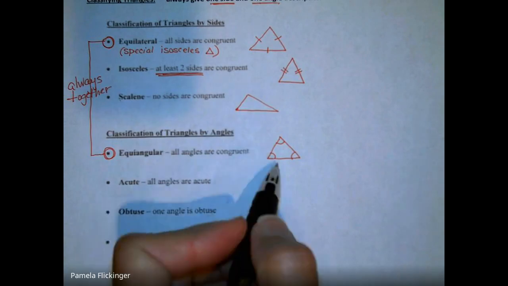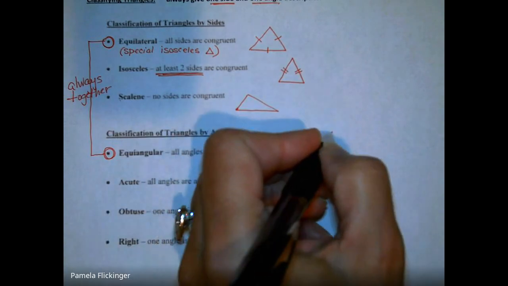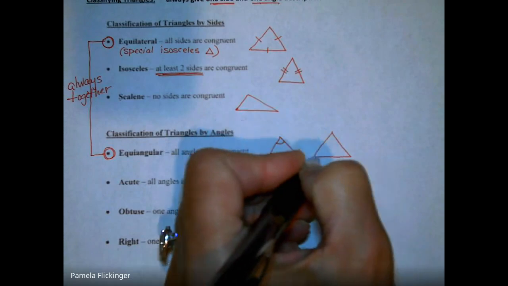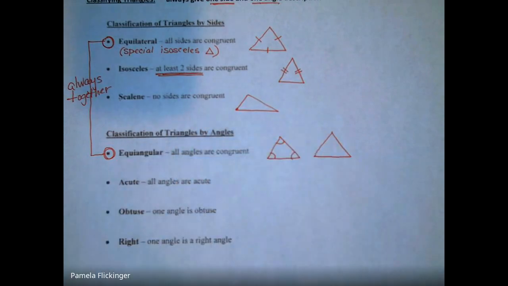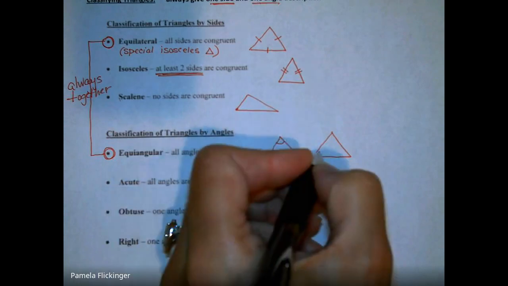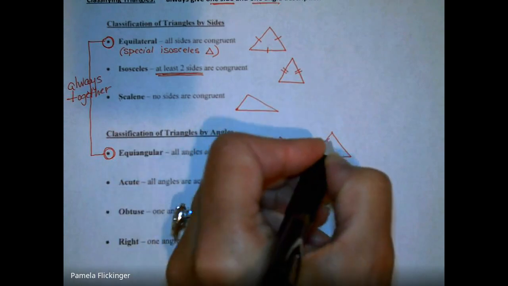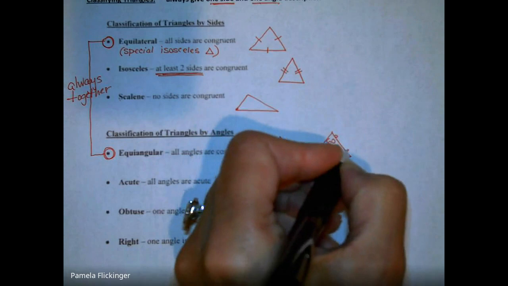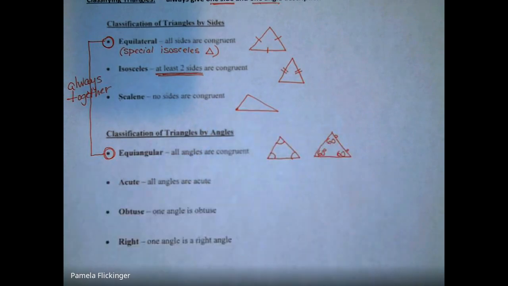Now, we're going to review in a minute that the three interior angles of a triangle always add up to be 180. So if I take 180 and divide it evenly by 3, we always mathematically get 60, 60, and 60. So equiangular and equilateral triangles always have 60-degree angles.